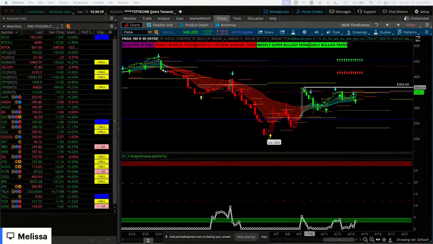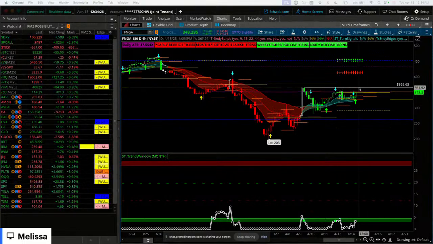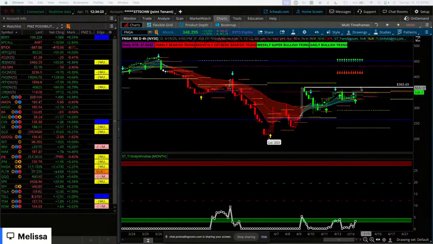I put the top wick that was created back here on the 9th of April as a potential target anywhere from 347 to 365. So that is a trim area or a take your profit area.